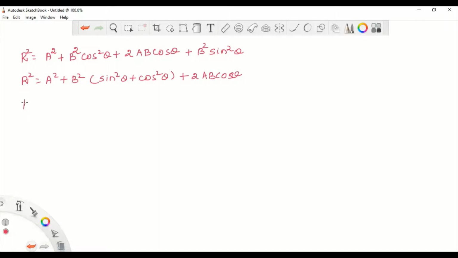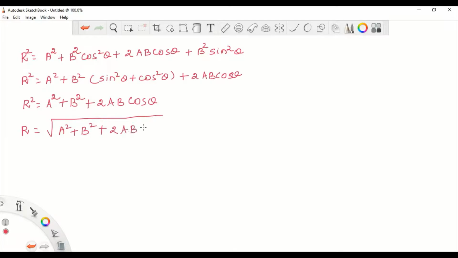So R square is equal to A square plus B square, sin square plus cos square theta is 1, 2AB cos theta. So the magnitude of the resultant R is equal to root of A square plus B square plus 2AB cos theta. Okay. So again we have to find what is the direction of the resultant.